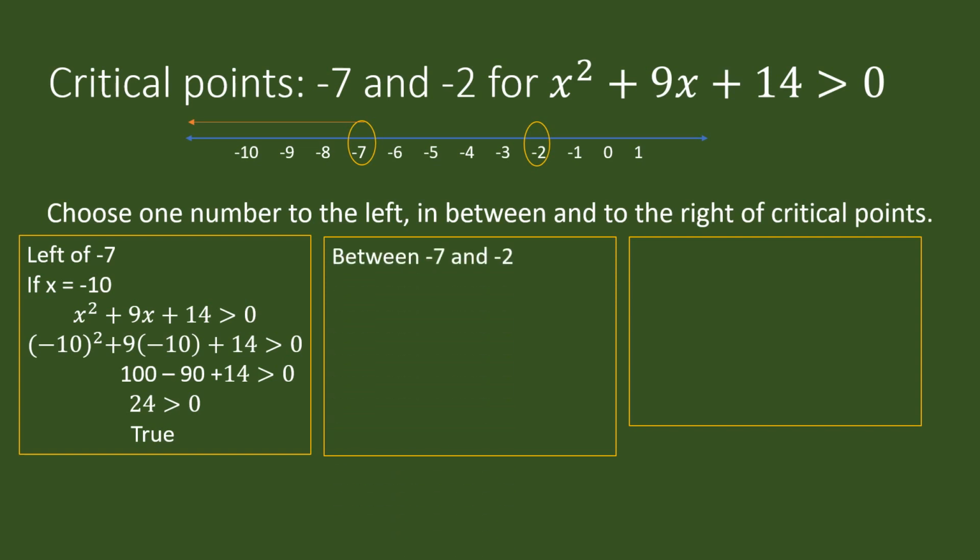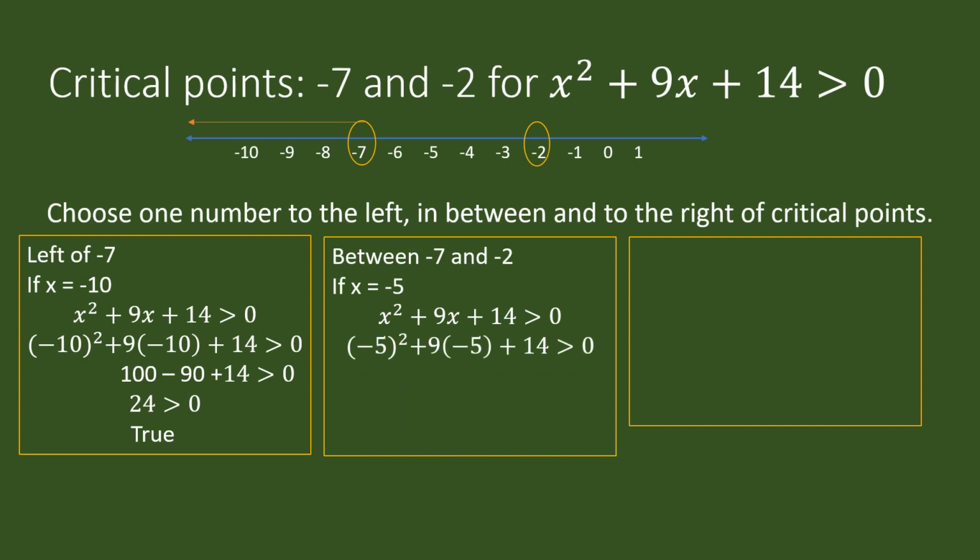Now let us choose a number between negative 7 and negative 2. Let us choose negative 5. Substitute to our inequality x squared plus 9x plus 14 is greater than 0.